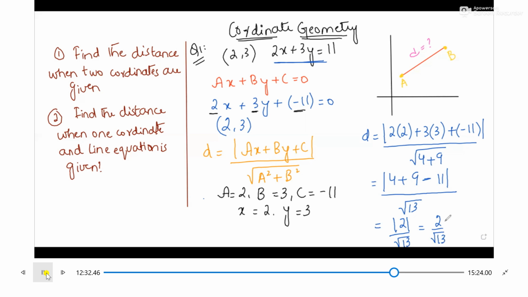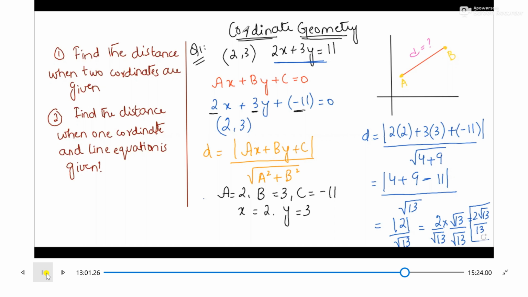And if we rationalize the term, the final answer which we will receive is 2 root 13 upon 13.